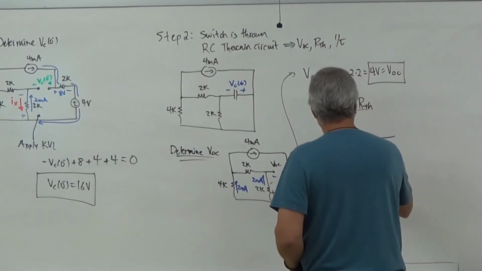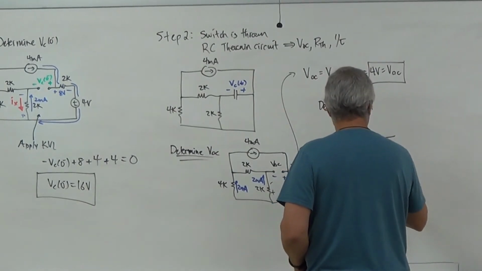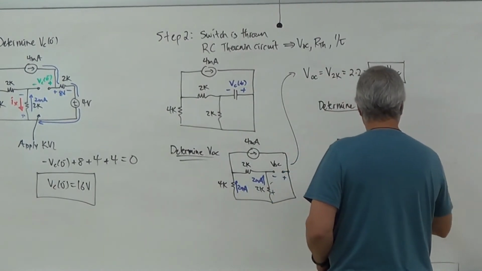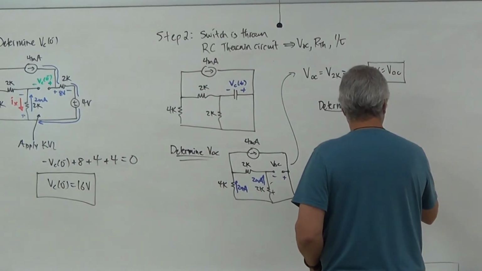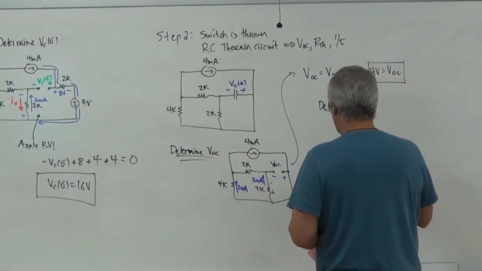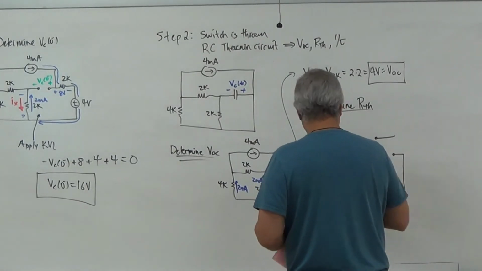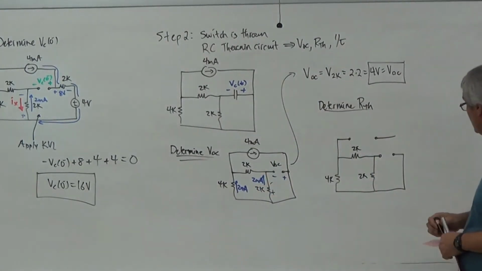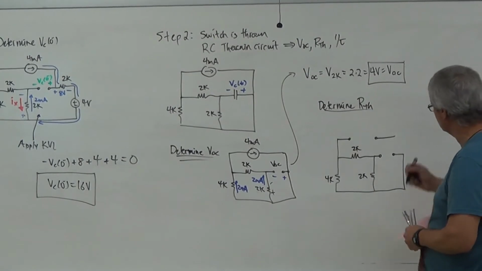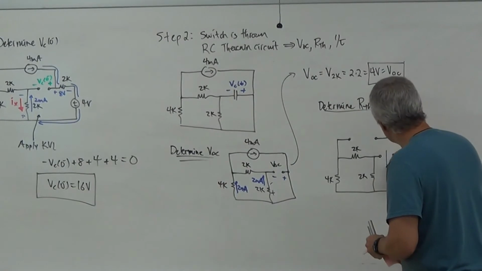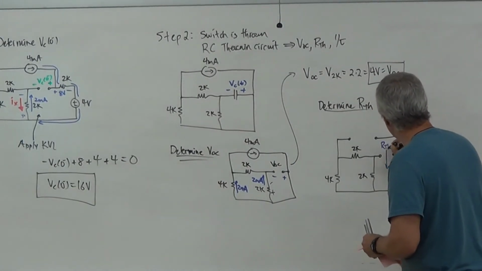So I got a 2K, 4K. And so here's my 2K, 4K. Note this whole branch doesn't exist, but I'm just drawing it to make it easier for you. This guy must be RTH.